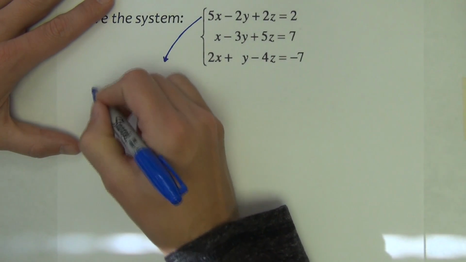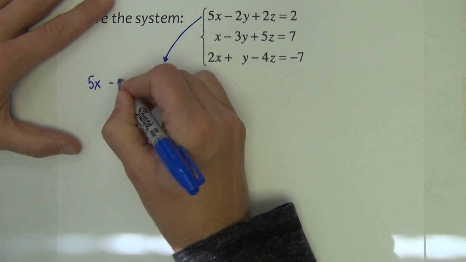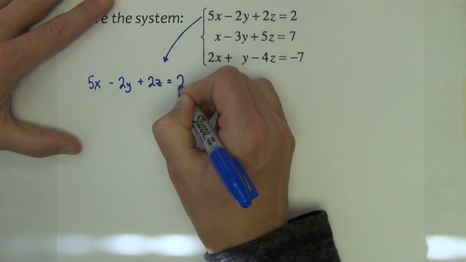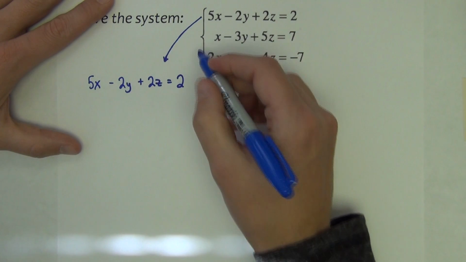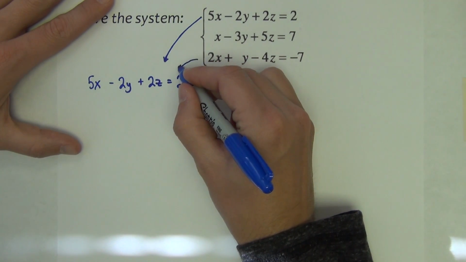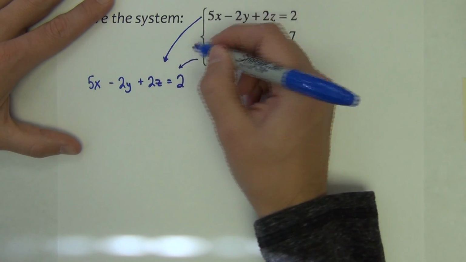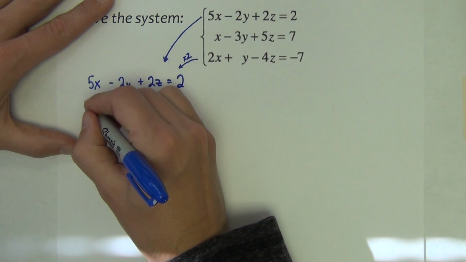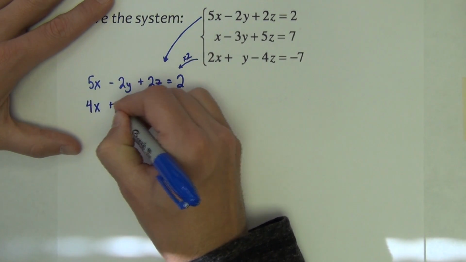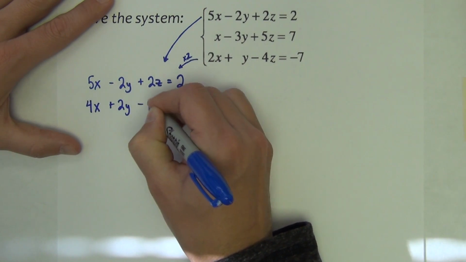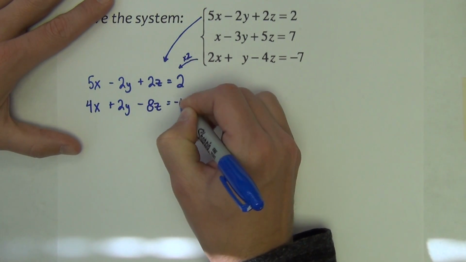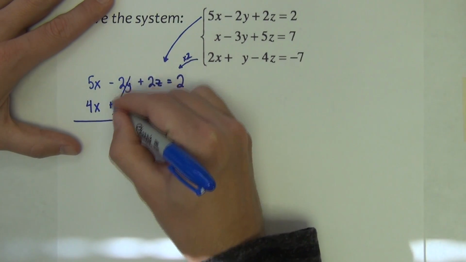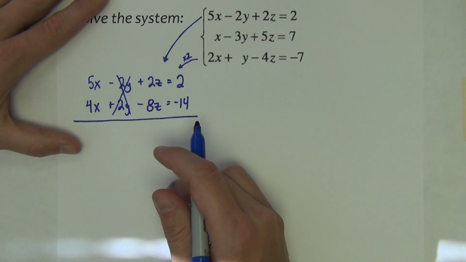The top equation is 5x minus 2y plus 2z equals 2. Now I'm going to take this bottom equation times 2, giving me 4x plus 2y minus 8z equals negative 14. And what I've created is an opportunity to cancel out the y's in doing that.